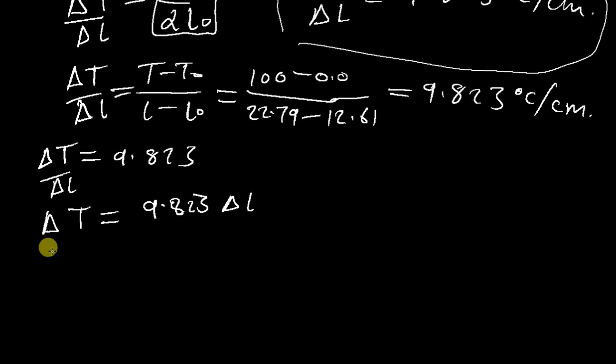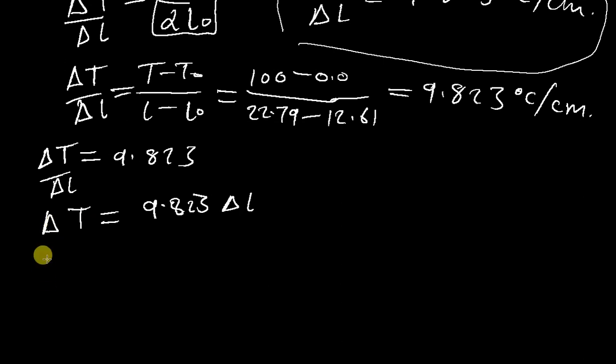So from there we can now say the change in temperature is equal to... Okay, before I even write it this way, let me write the change in temperature in terms of L final and L initial. So the change in temperature is just in terms of T final and T initial.